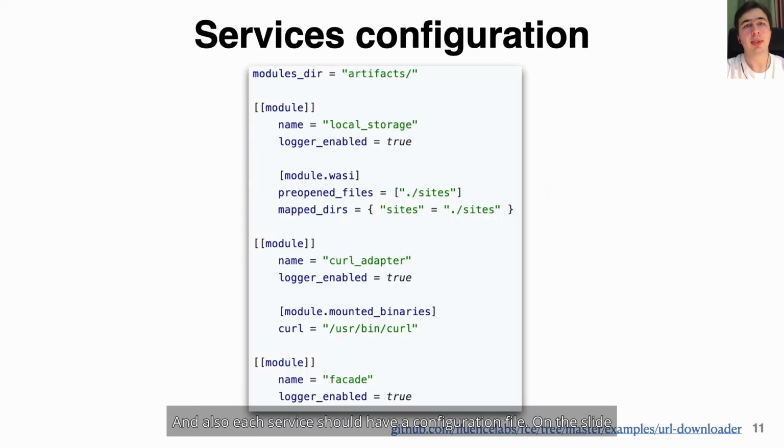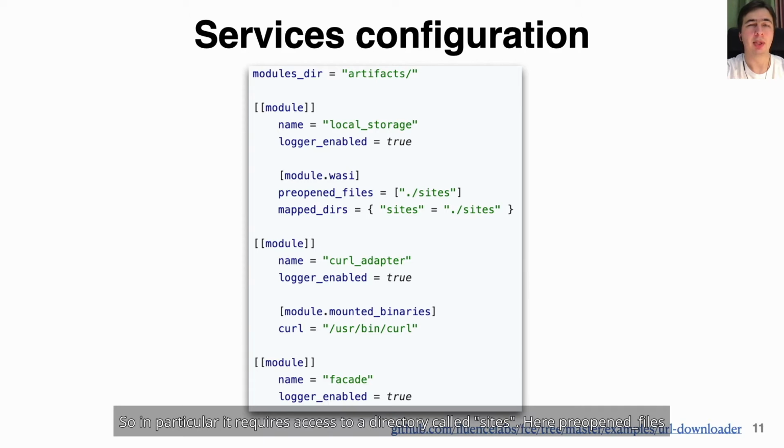Also, each service should have a configuration file. On the slide you can see an example of a configuration file for a URL downloader service. You can also find the full code of the service at the link at the bottom. This service consists of three modules. The first one is called local storage. As you can see, it is an effector because it requires access to the file system through WASI.